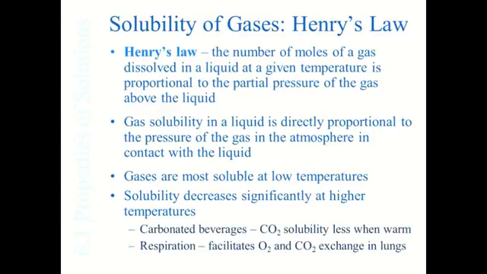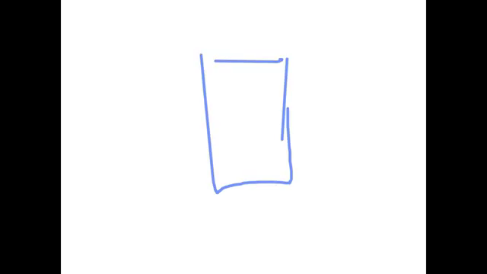So think about it. Let's say you have a bottle of Coke, right? Here is a container of Coke. Basically what Henry's law is saying is that if you have gas molecules over here, and this is the level of the Coke, the pressure that the gas molecules apply on the surface is going to decide the solubility in the liquid.